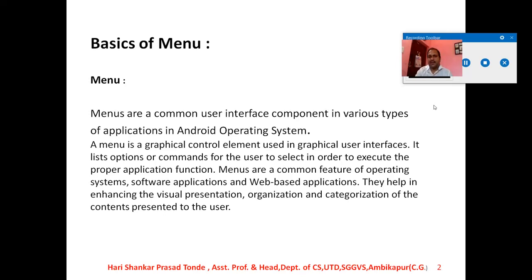So menus are the common user interface components which are used in various types of applications in the Android operating system and in various types of graphical user interfaces, whether it is MS Office or playing video games. There are so many types of menus available. So regarding that, we are going to discuss what actually a menu is.